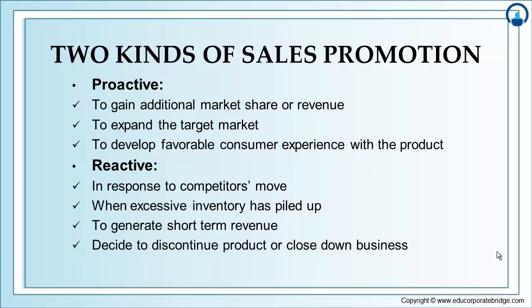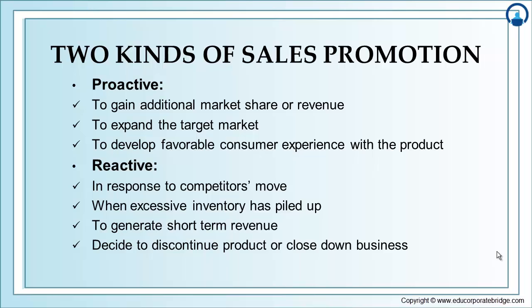Whereas reactive strategy means when something has already happened, so in order to make up for it, you use sales promotion as a measure or a tool. So when a competitor has announced a sale, maybe that's the time you will say, oh, even I need to announce a sale because all my customers are going to my competitor. Or when excessive inventory has piled up.